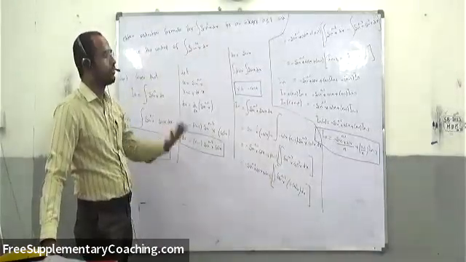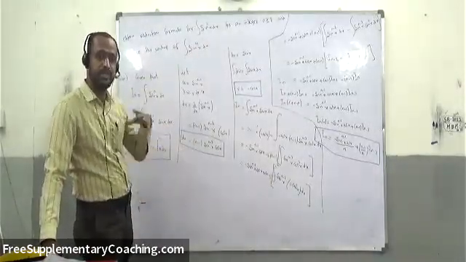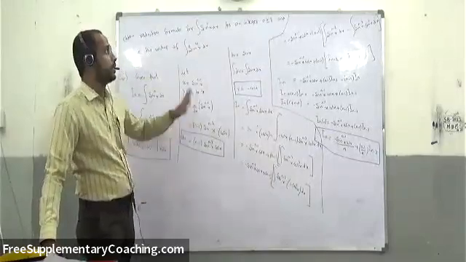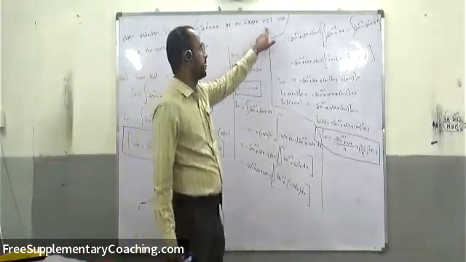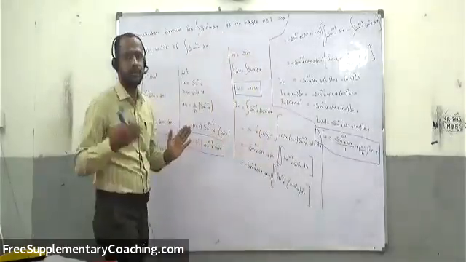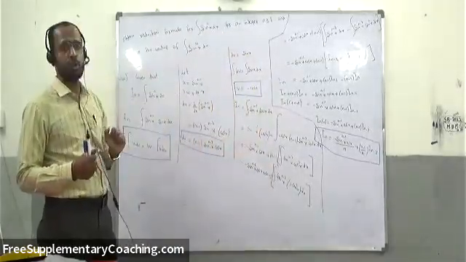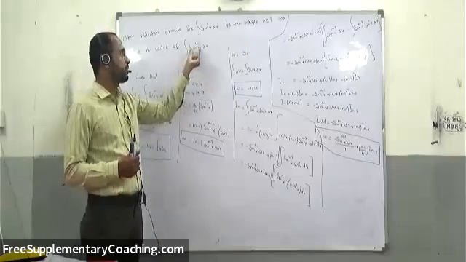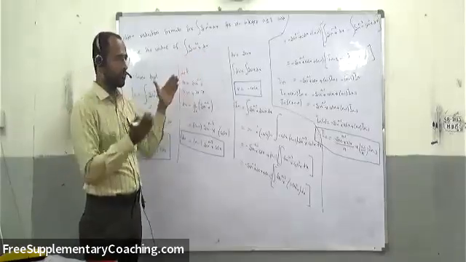How to find that value and what is the condition for odd and even? Here it is clearly mentioned that n is greater than or equal to 2. So we are reducing to find the integration of sine power 4x dx. I'm going to show you how to find that.